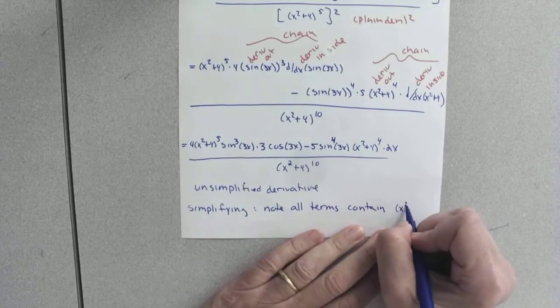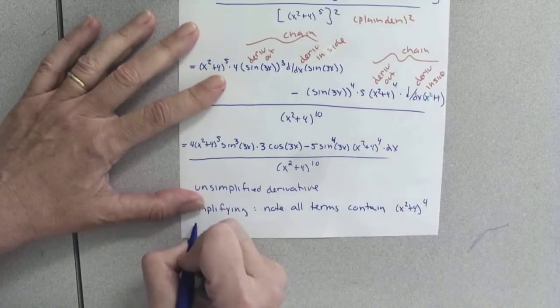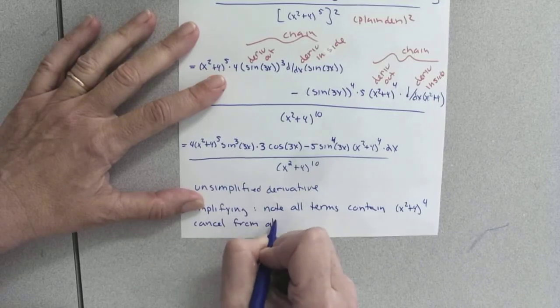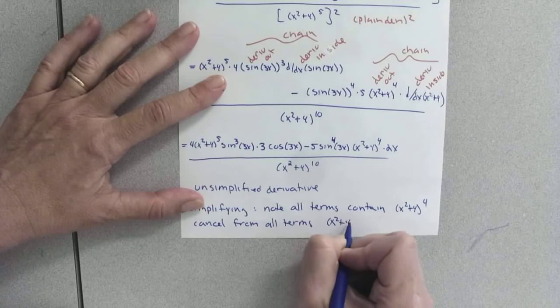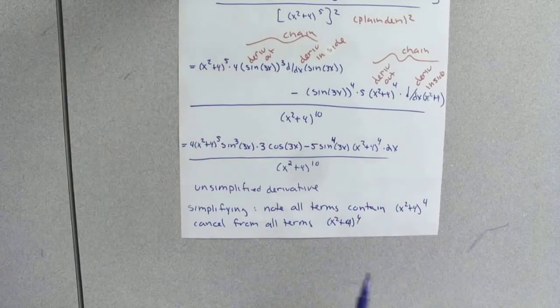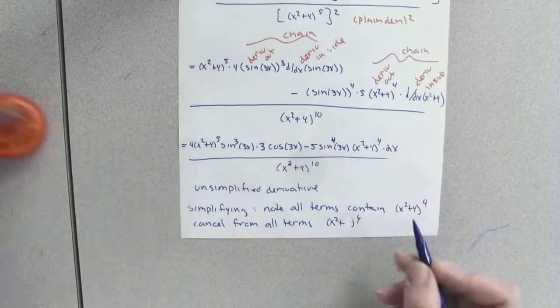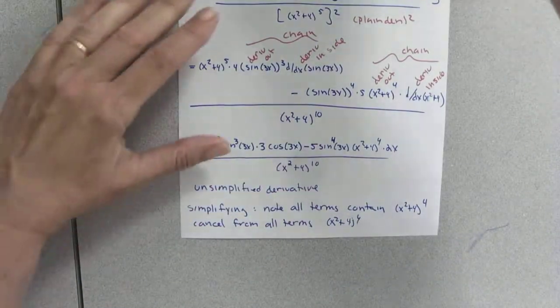They all contain x squared plus 4 to the 4th. So I can cancel from all terms x squared plus 4 to the 4th. Here's one of the rare times where I'm going to get to cancel when I start with a quotient rule.